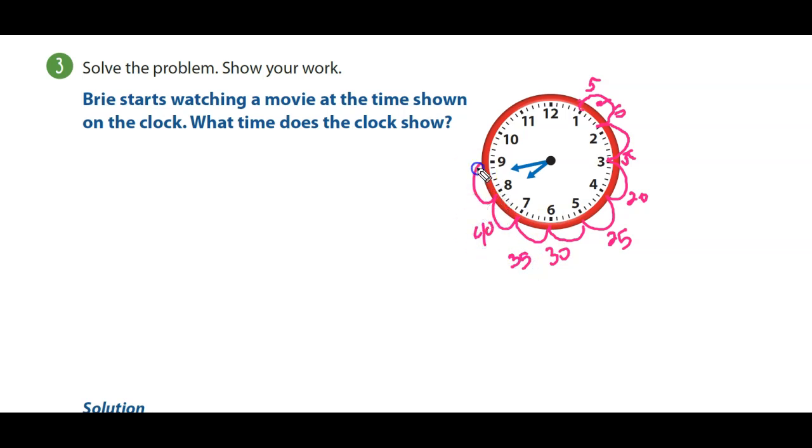But if I go like this, I'm too far, huh? So it looks like it's pointing in this direction right there. So from here I have 1, 2, 3. 3 more. So how many minutes will that be?